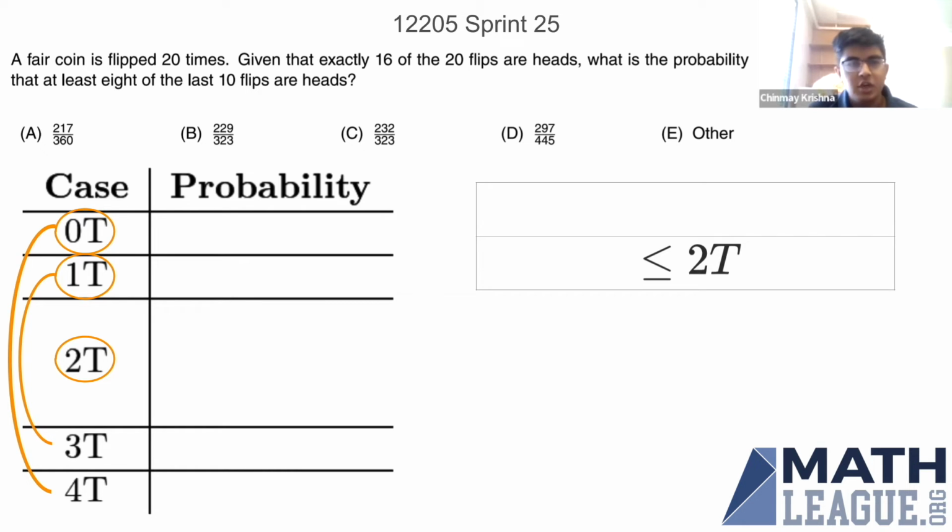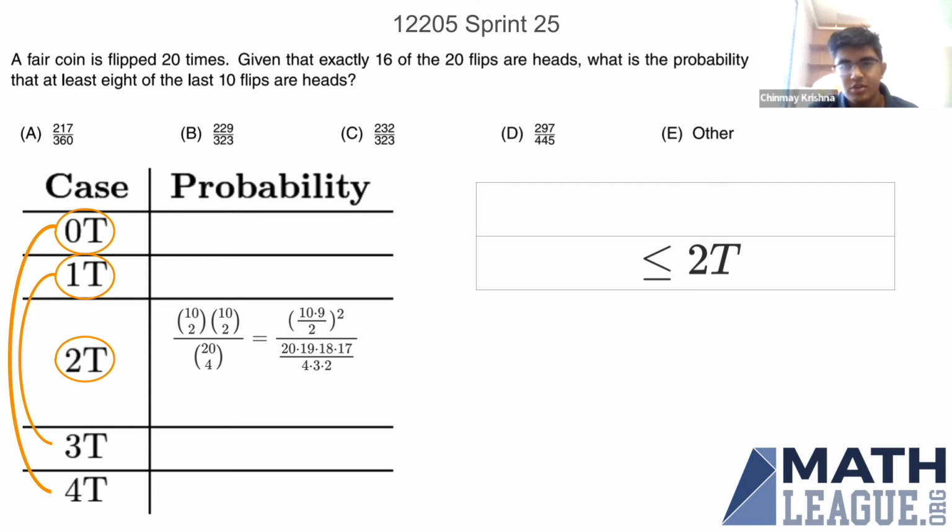So the total number of possibilities would be 20 choose 4, since you'd have to choose 4 of the flips to be tails. So this is the total number of possibilities. And so what we're going to do first is calculate the number of ways that there can be 2 tails in the first 10 and 2 tails in the second 10. So you choose 2 of the 10.